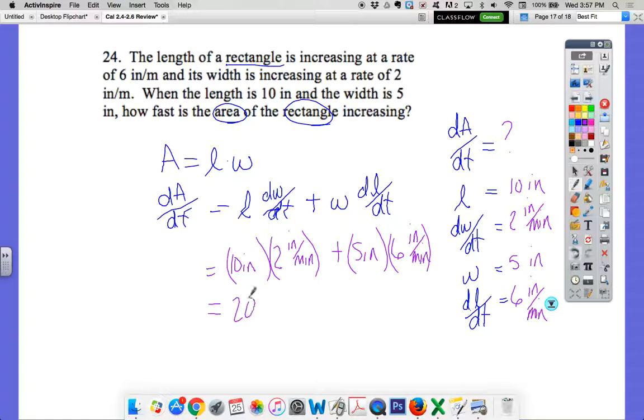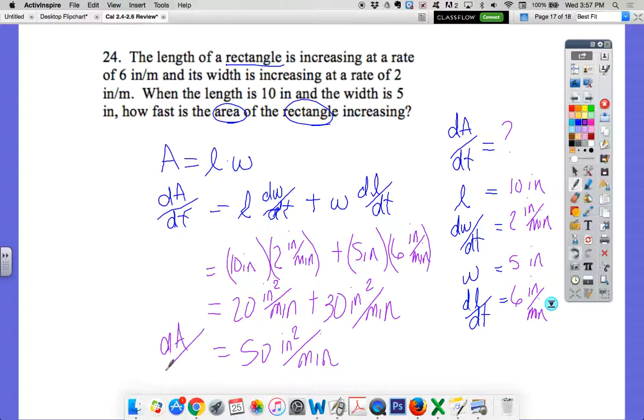Multiply it out, we have 20 inches squared per minute. And then we have 30 inches squared per minute, for a grand total of 50 inches squared per minute. Which again should make sense because we're getting how is the area changing as time is changing. So it should be area compared to time.